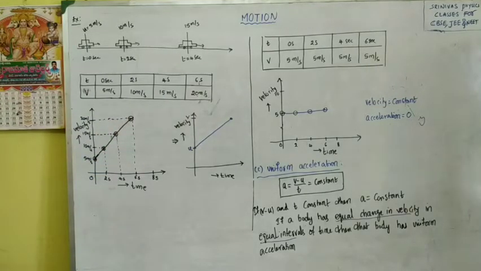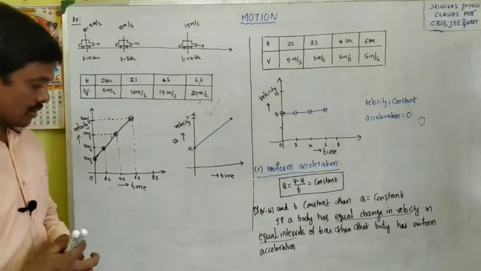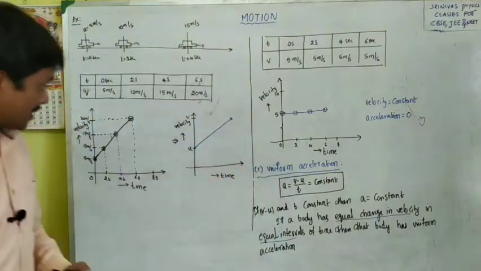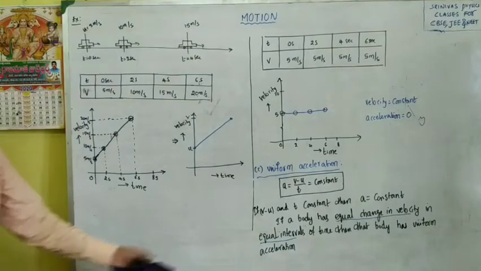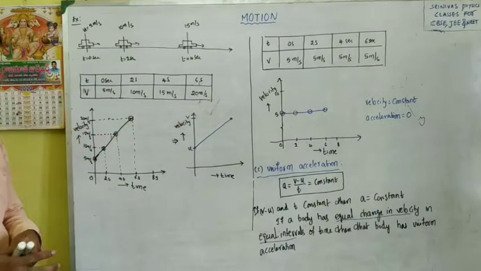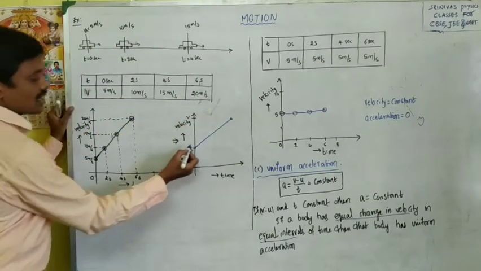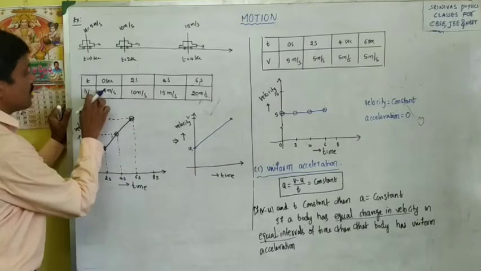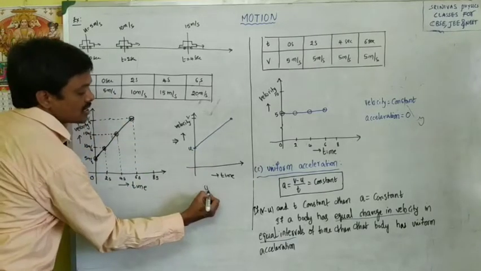Okay. Now let us see, by using this graph we can find out something. What is the significance of this graph? Here the velocity is increasing. Here the body starts with an initial velocity of 5 meter per second. In this case, u is not equal to 0.